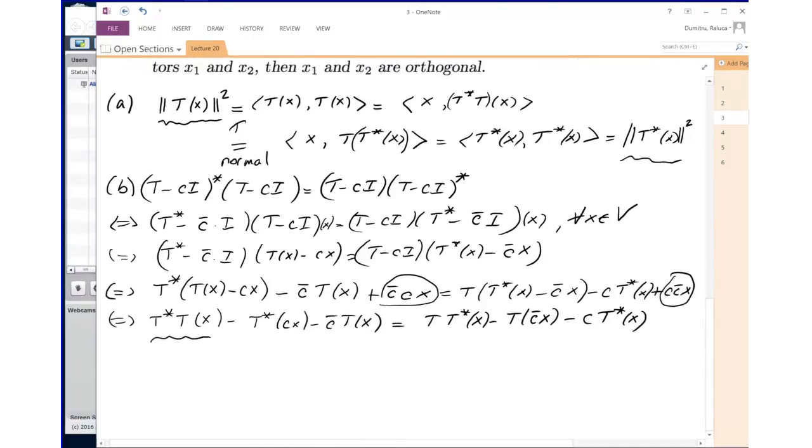And now T is normal, so those two things are equal, right? T star of Cx, T star is linear, so you can pull the C from inside out. So it equals C T star of x. And T is linear, so T of C bar x is C bar T of x.